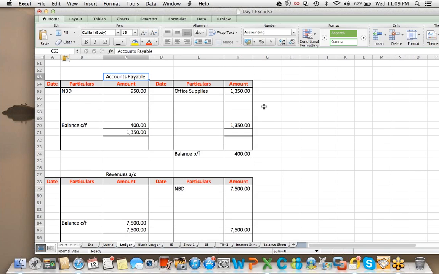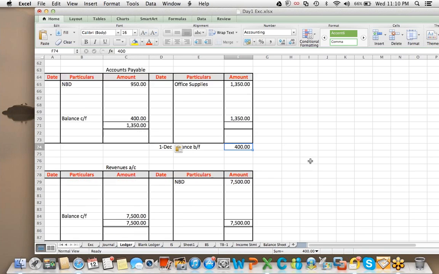Next, accounts payable. How much did we purchase in office supplies? 1350. And how much did I pay them? 950. So the balance is showing as 400. So on December 1st, I will have a balance of 400 yet to be paid.